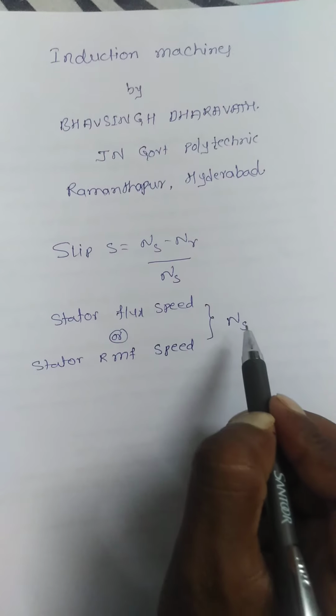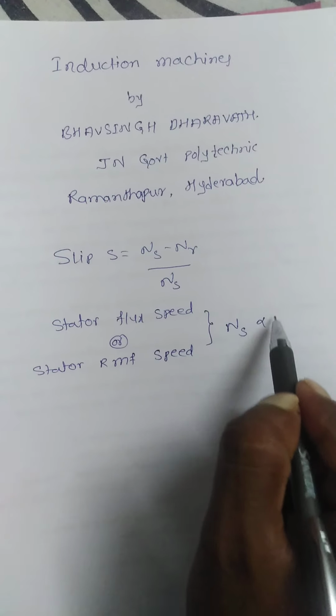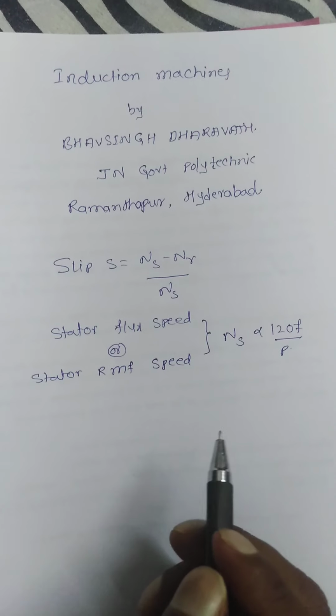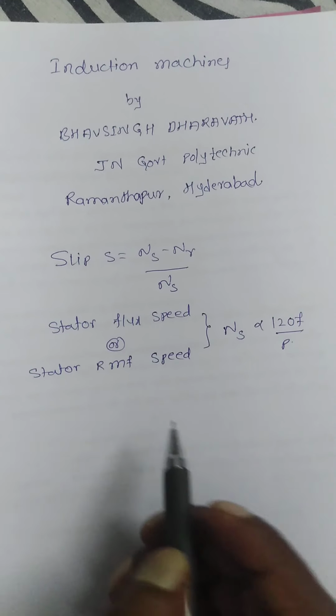It is proportional to 120 f by p. Here f is the frequency and p is the number of poles.